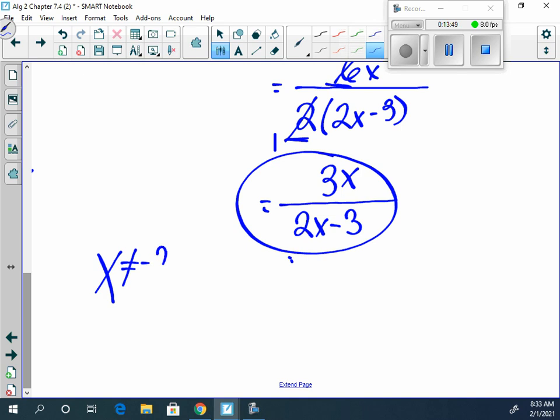Now he said x cannot be 2, or 0. Do we have another one that we need? Yes. So we need this 2x minus 3, yes?